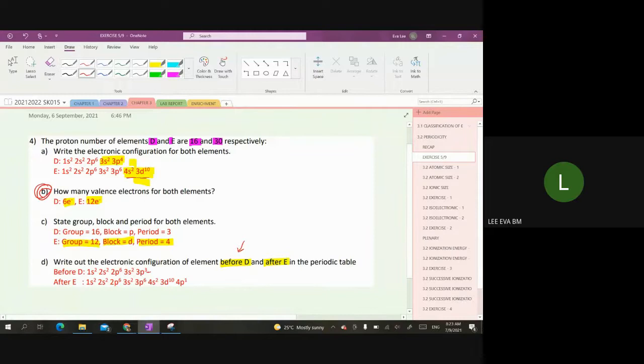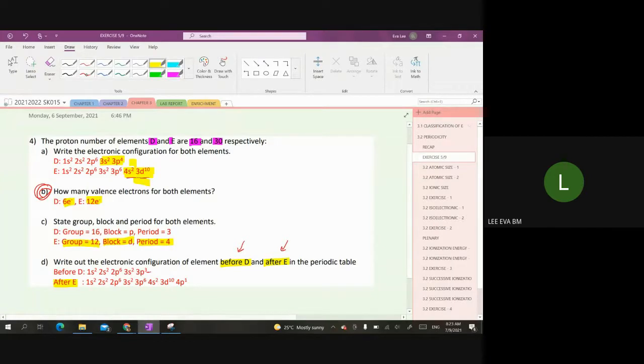Okay, and then the element after E means another element. So if E has proton number 30, the element after E will have proton number 31. If madam looks at the element after E, proton number 31 gives you the electronic configuration up until 4s2, 3d10, 4p1.